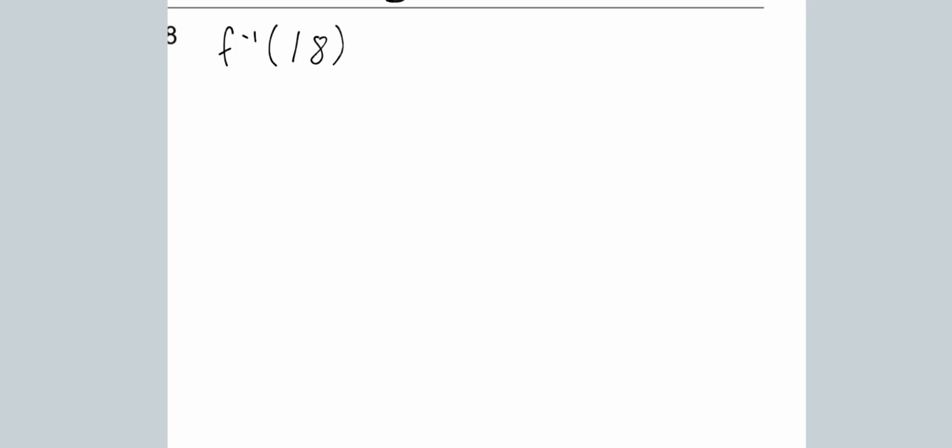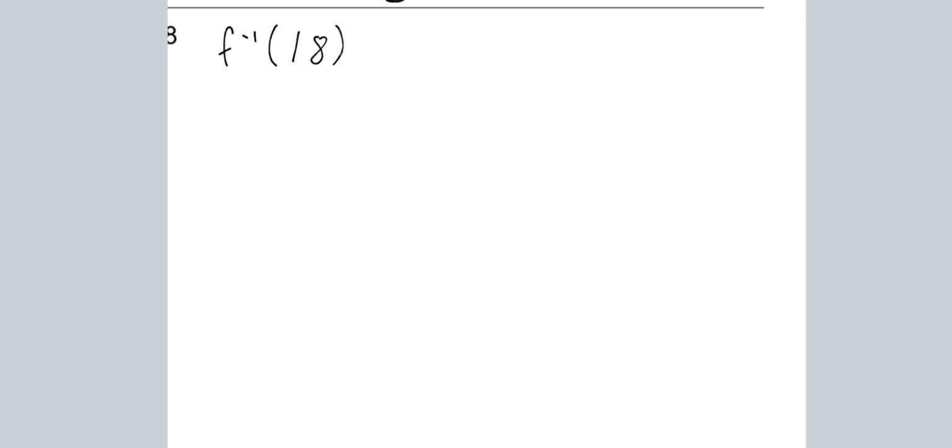Finding the inverse of f and the inverse of g, the inverse functions, would be useful if you had to do multiple evaluations, because you'll have a general function that describes the inverse of f and a general function that describes the inverse of g, and therefore you can work out f⁻¹(18), or f⁻¹(27), or f⁻¹(0). So working out the general function is a good thing to do.